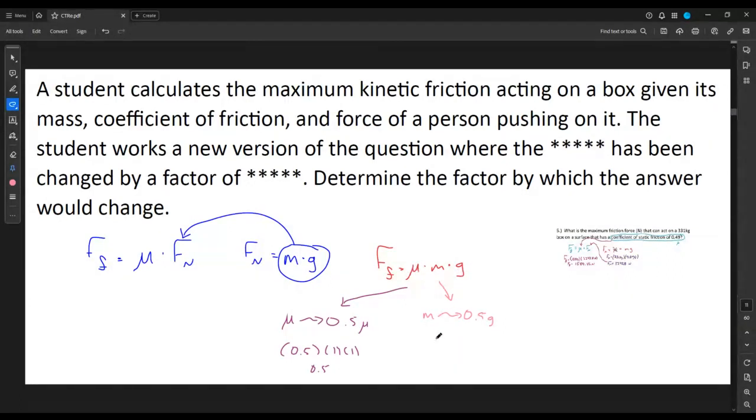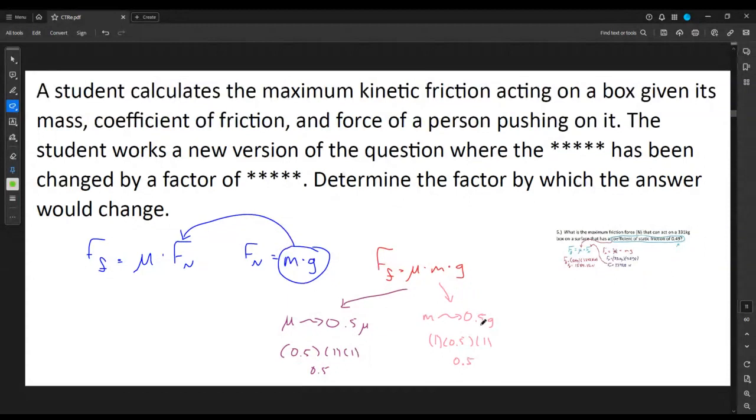Okay, if mu is unaffected, then the ratio of the new mu compared to the old mu is 1. The mass was changed by this factor, so the ratio of the new mass compared to the old mass is that decimal, 0.5. Then if gravity is unchanged, the new gravity compared to old gravity would have a ratio of 1, and altogether the answer would end up changing by whatever the factor was, in this case 0.5.